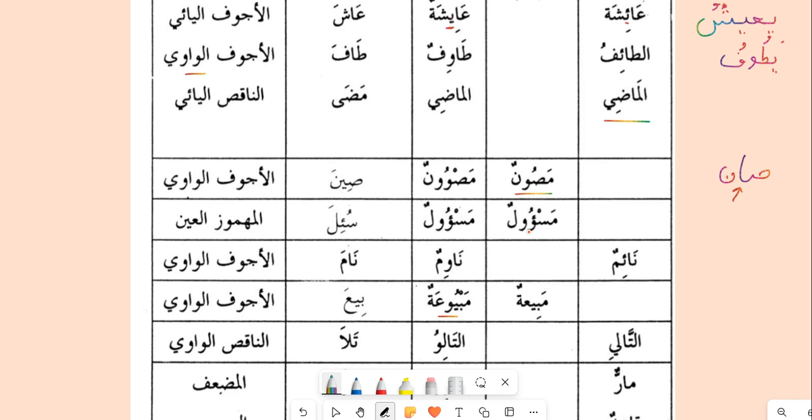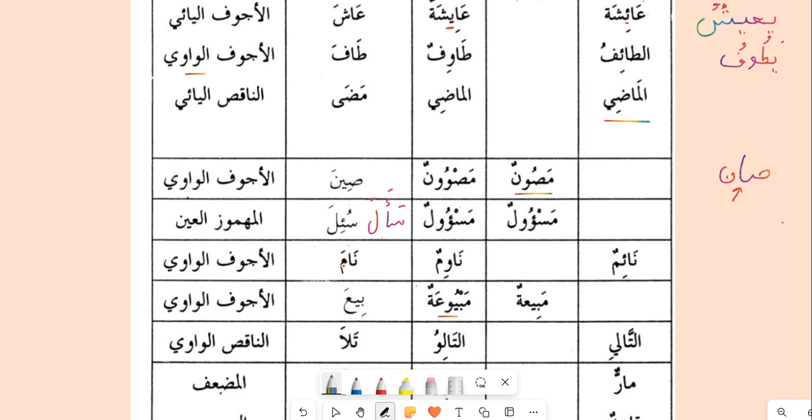Then the next one is question number 9. Aina mas'ulun anil imtihan. So our word is mas'ulun, it comes from sa'ala, yas'alu, and from yas'alu comes mas'ulun.